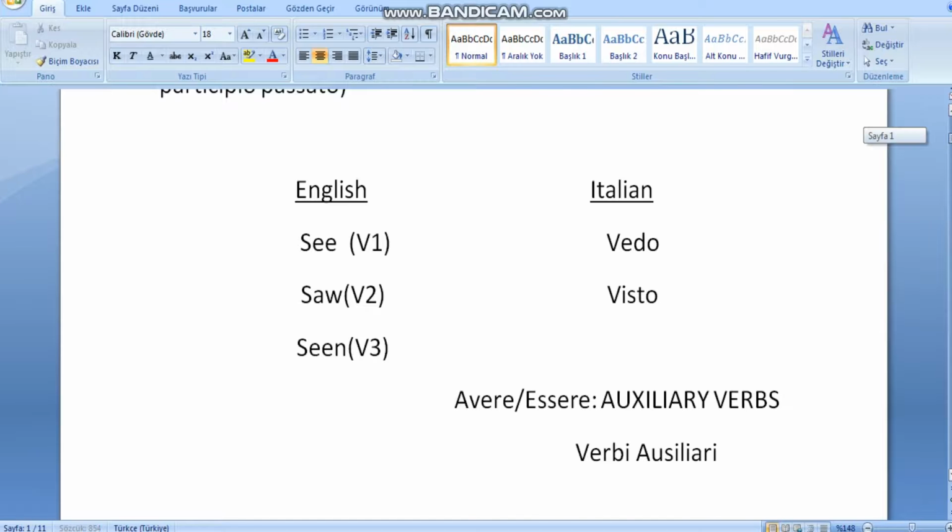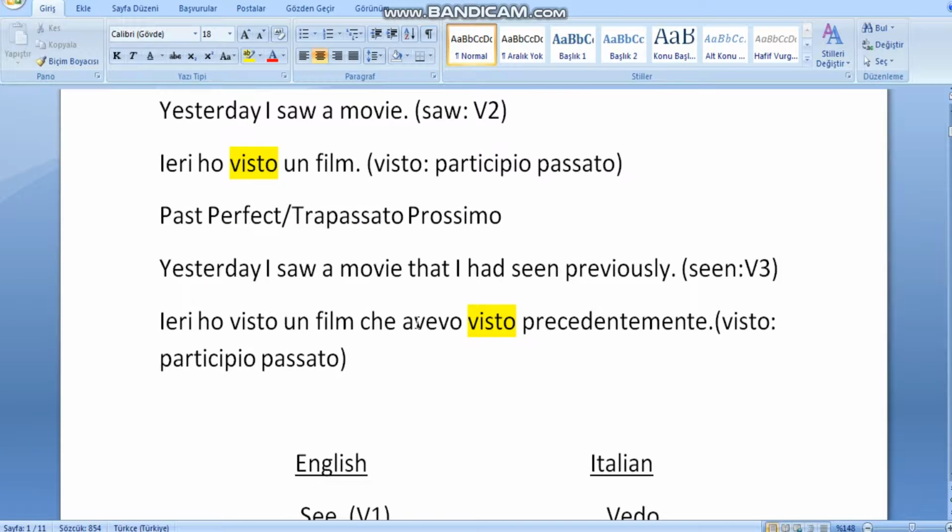So in the sentences above, we saw that the sentences had the auxiliary verb avere. The first one is ho visto, where ho is the verb avere in the simple present tense, and we use it to form a verb in past participle.